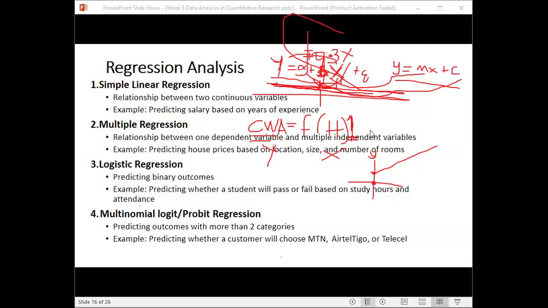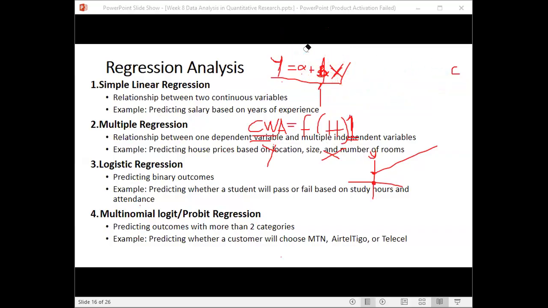A multiple regression is just saying that instead of us having one variable, we have multiple variables to explain our y variable. Okay, so in that instance, it's going to be y is equal to alpha plus, say, beta x plus sigma, let's say, z plus the error term, right?